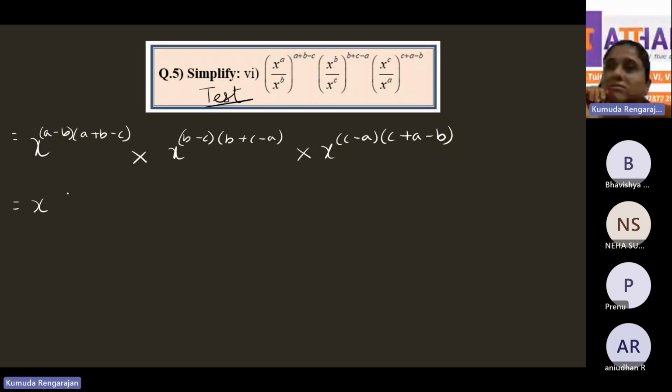No, what did you say? Sorry, come again. A plus b minus c minus b. What about the denominator? X to the power b in the denominator. You forgot that? No, you said x to the power a into a plus b minus c. What about the denominator x to the power b?